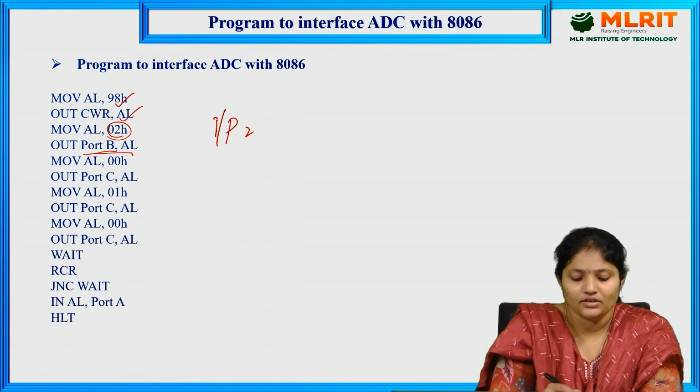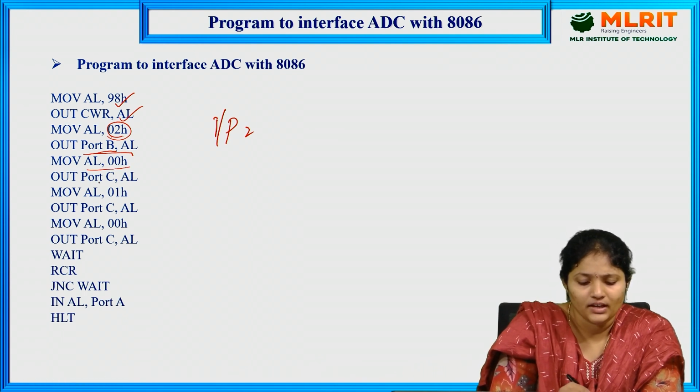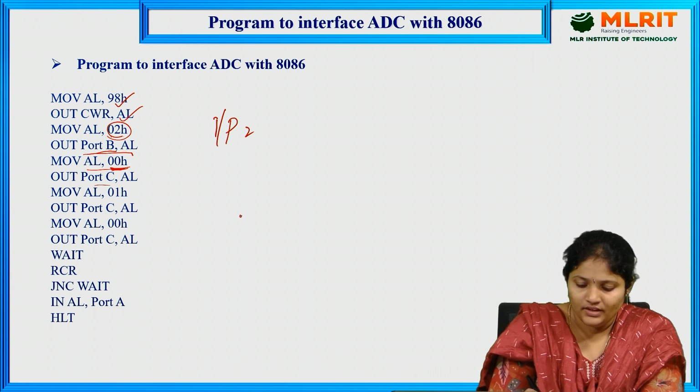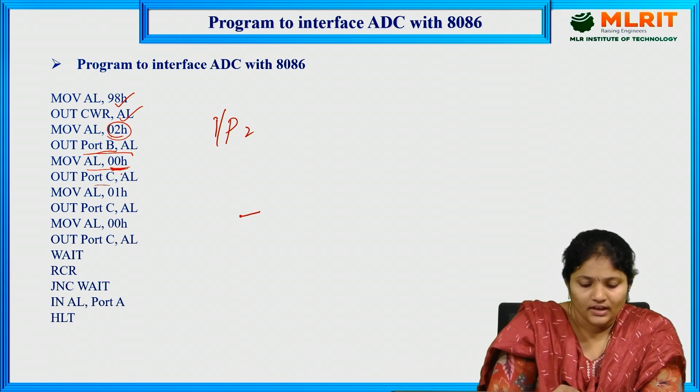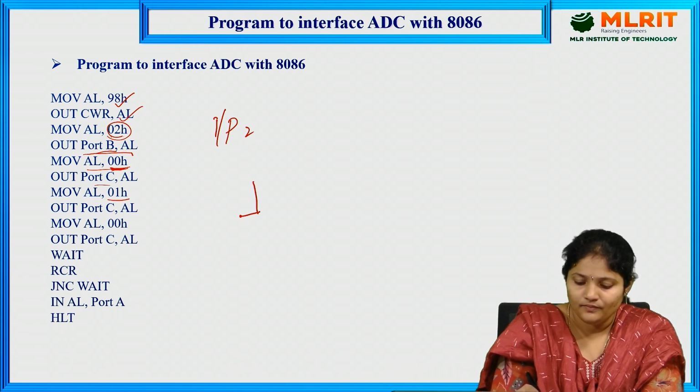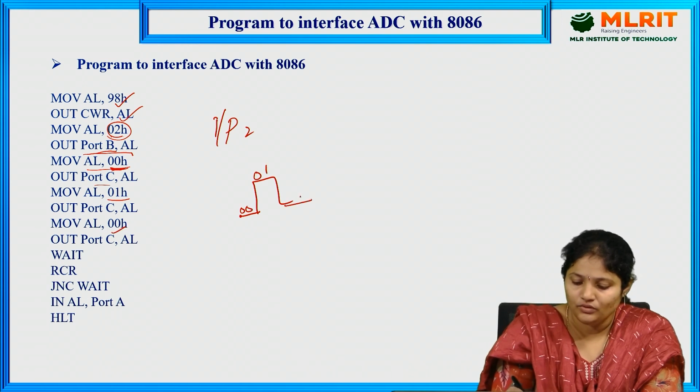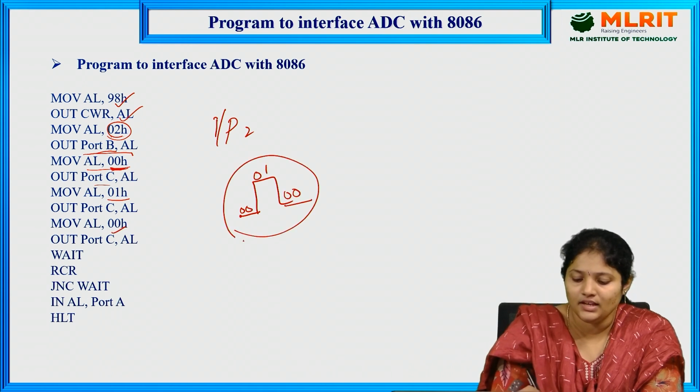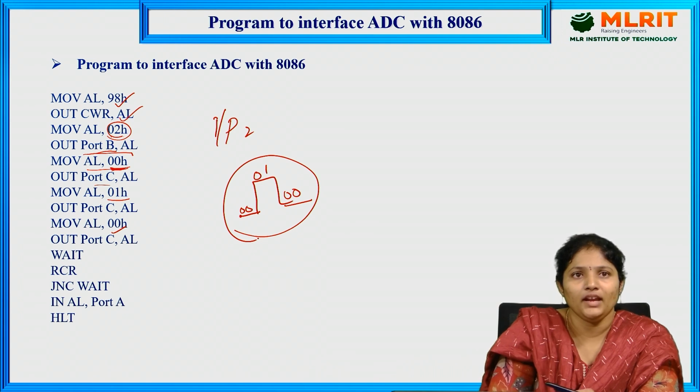The signal we take from port C: first 00, next it is moved to 10001, and again moved to 00. This is the signal we are sending to the ADC to convert.